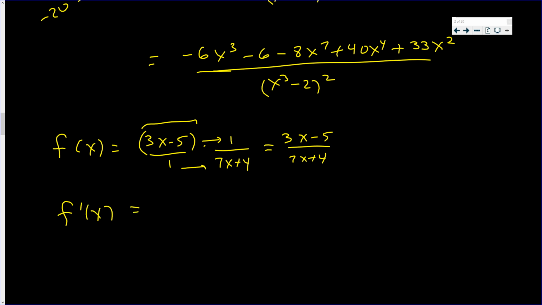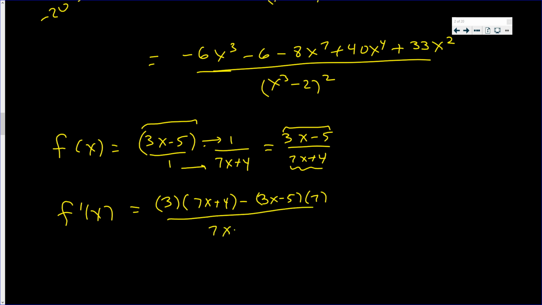The derivative of the top, well, this is a line, mx plus b. The derivative of the top is 3 times the bottom minus the top times the derivative of the bottom, which is also a line. So the slope, m, that's the derivative. All over the bottom squared. All we did was take the derivative of polynomials, simple polynomials, lines.